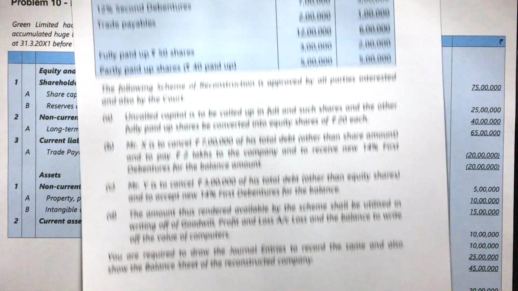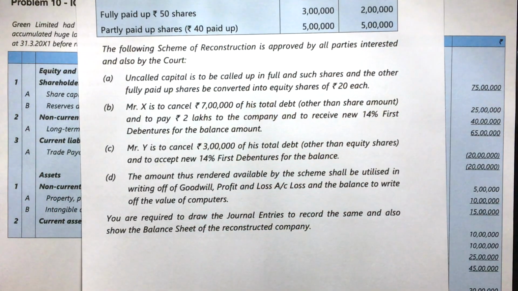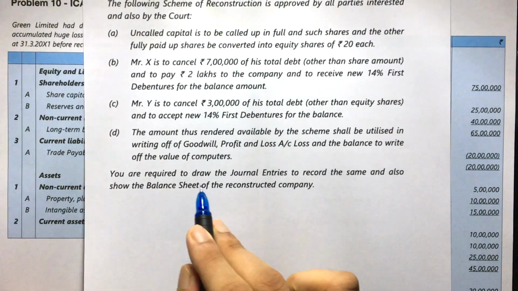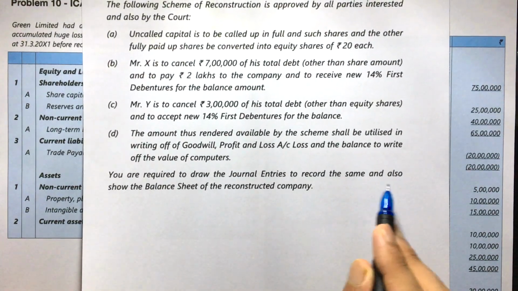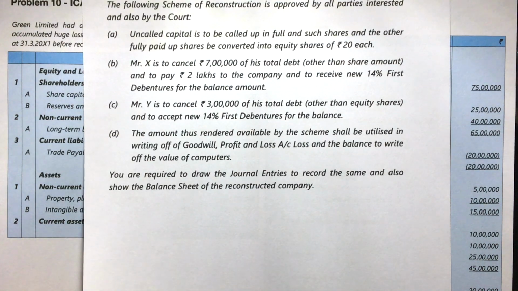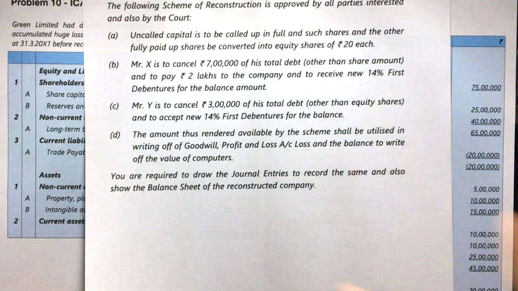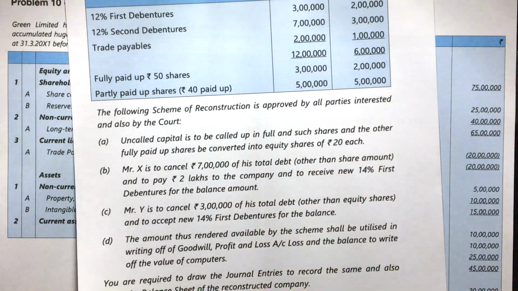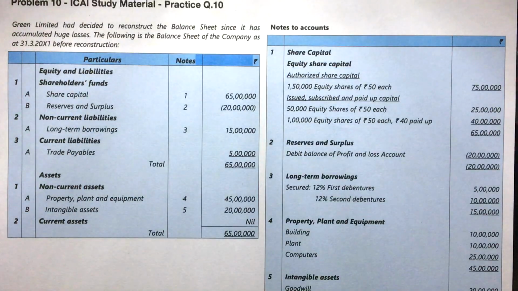The rest of the things we will see as we solve. You are required to draw the journal entries to record the same and also show the balance sheet of the reconstructed company. We'll do the balance sheet after doing the journal entries. So let's do the first adjustment first and then we'll do everything. Let's start the solution.